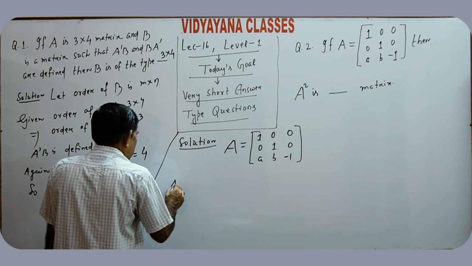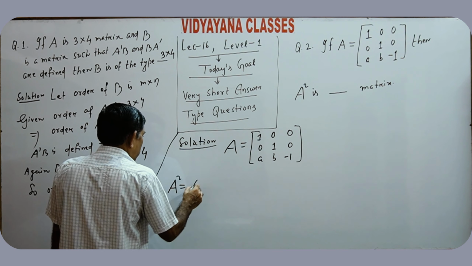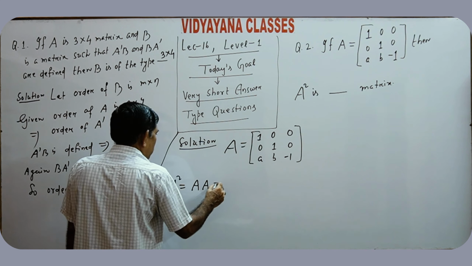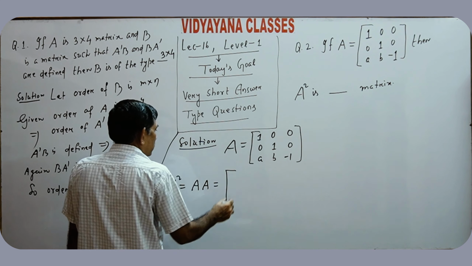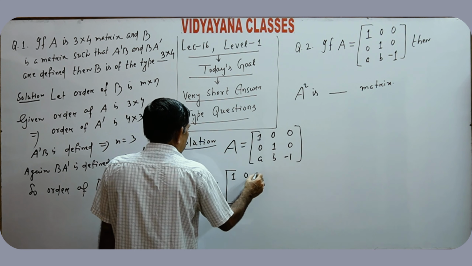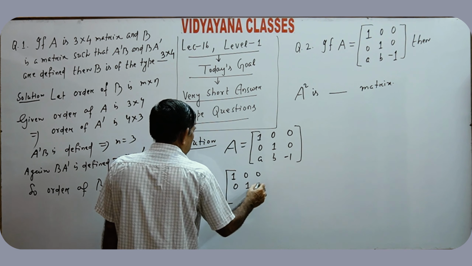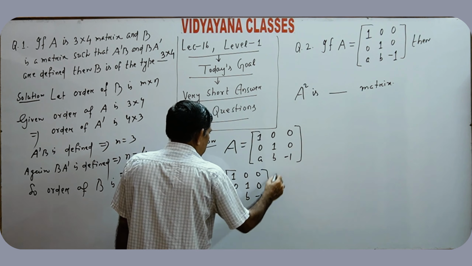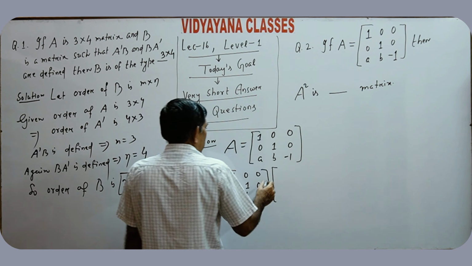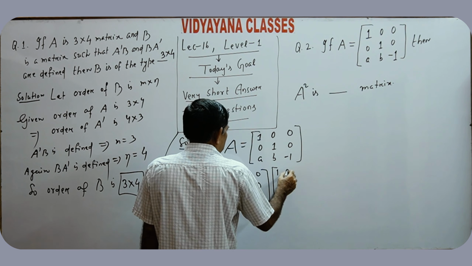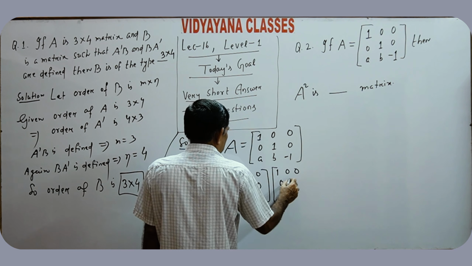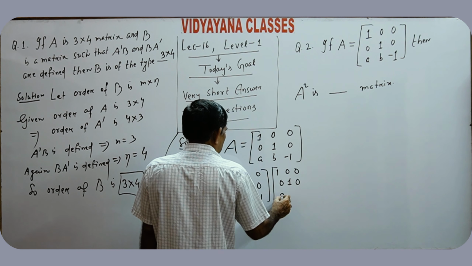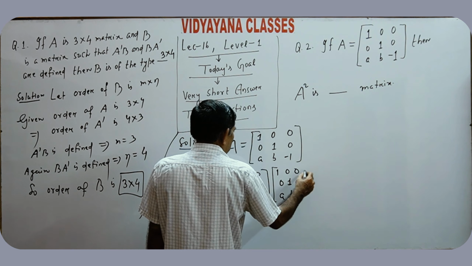A square is equal to A into A, which is the same as the matrix 1 0 0, 0 1 0, A B minus 1, into the matrix having elements 1 0 0, 0 1 0, A B minus 1.